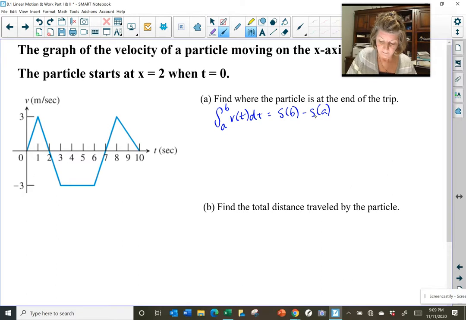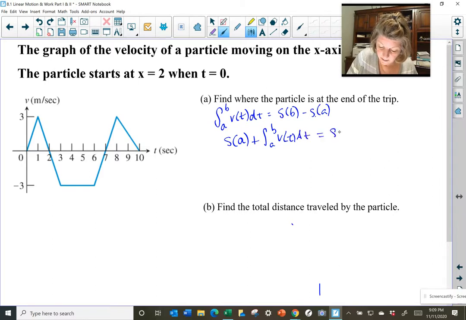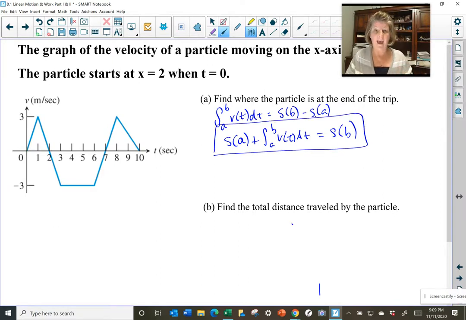When I add S of A over to the other side, just think algebraically here, I get S of A plus the integral A to B V of t dt equals ending position S of B. That truly is where that initial position plus change displacement equals ending position. That's where that's derived from.